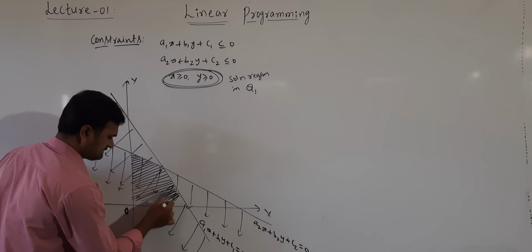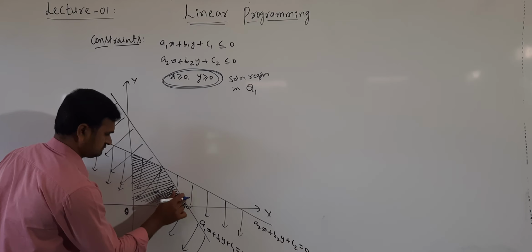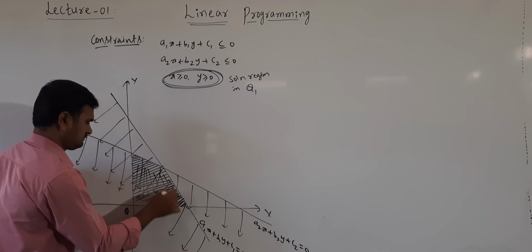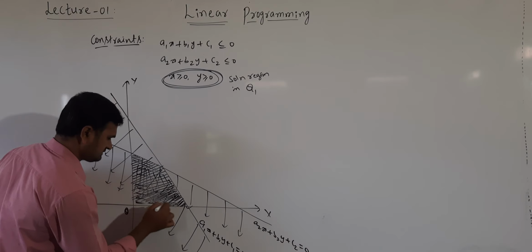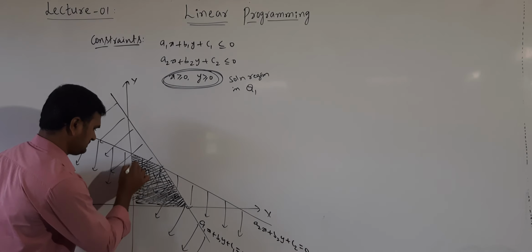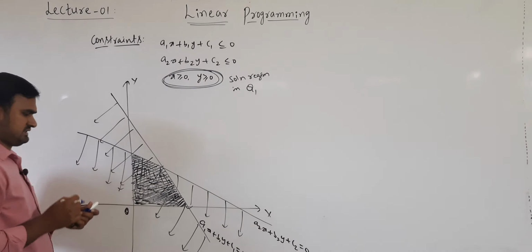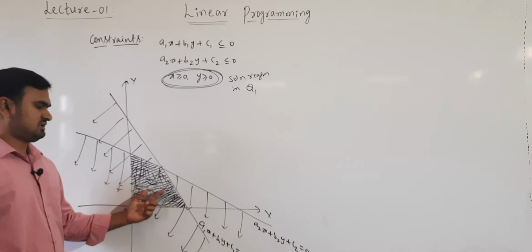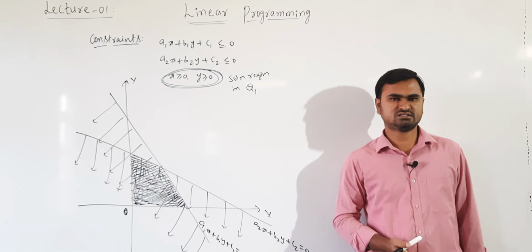So shade this region. This darkly shaded region is the common region to all these inequalities. Up to here is what we studied in first year, solving a system of linear inequalities graphically.